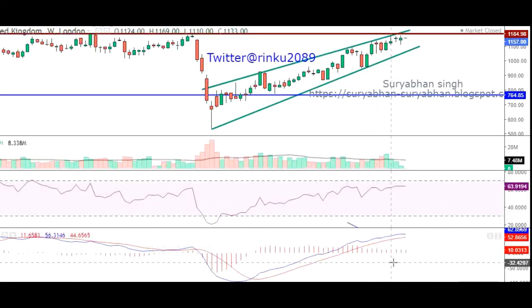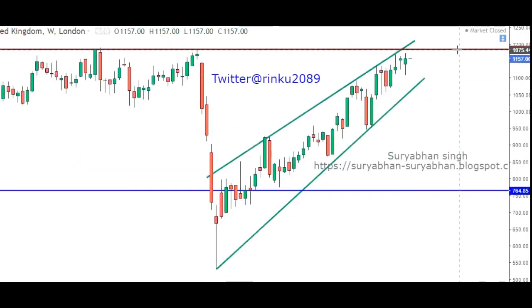So it has to close above for at least 1 or 2 weeks for any further up move. If it closes above that level, 1185 to 1195, then in this stock there is a possible target around 1300 to 1400.